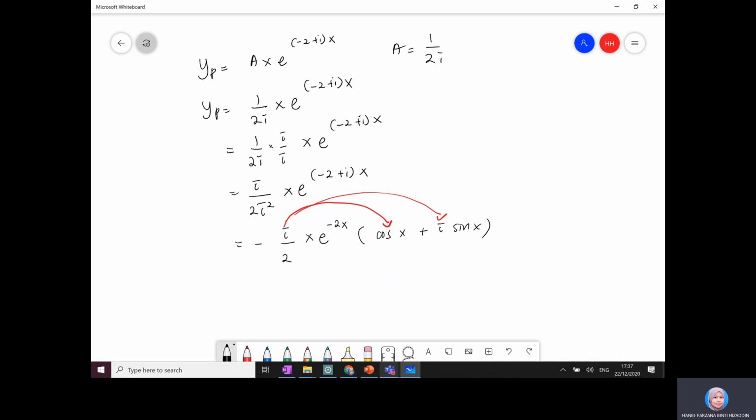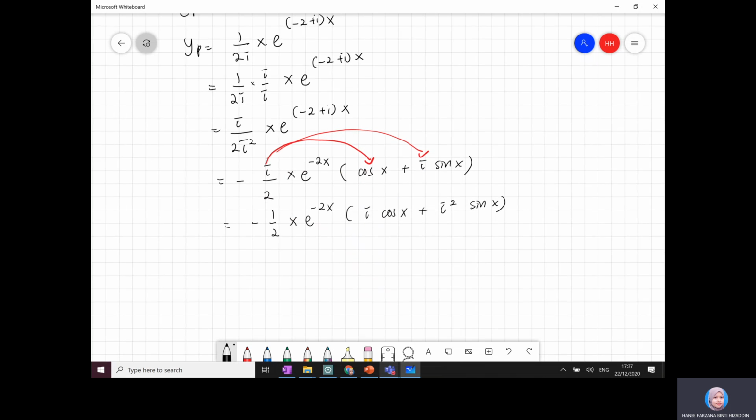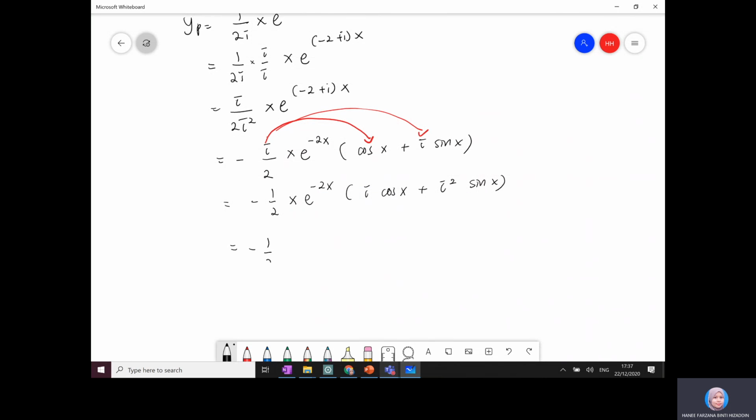So what we have is -1/2 x e^(-2x) (i cos x + i² sin x). And then you have -1/2 x e^(-2x) i cos x, and i² is equal to negative 1, so minus sin x.